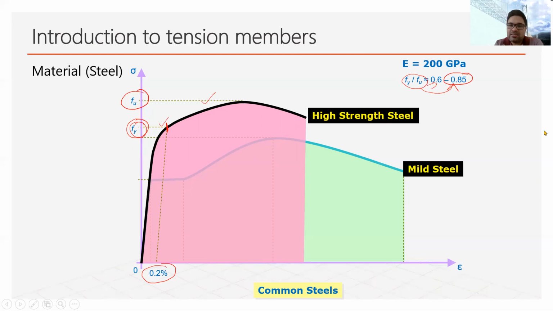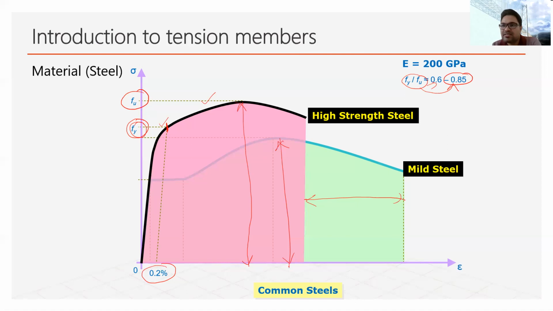So in the graph, you can clearly see that ductility is higher in case of mild steel, but the strength of high strength steel is higher than the strength of mild steel.